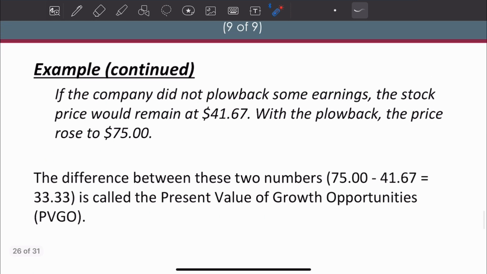The difference between these two numbers, which is 75 minus $41.67, equals $33.33. And this is called the present value of growth opportunities, the PVGO. So if the question includes a part at the end that asks what would be the present value of growth opportunities, this is how you're going to calculate it.